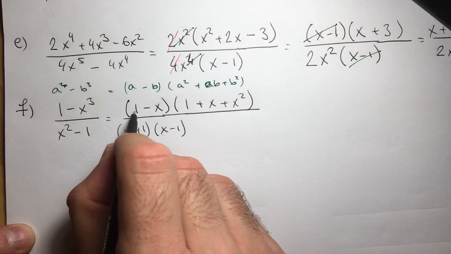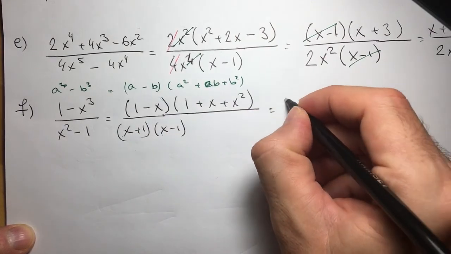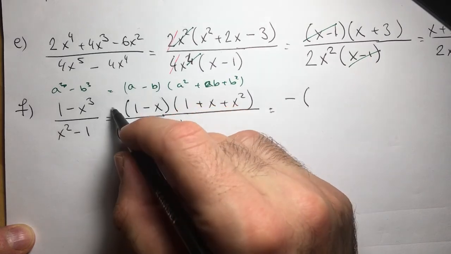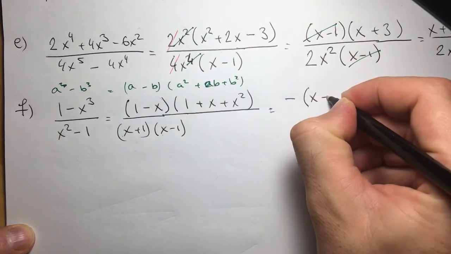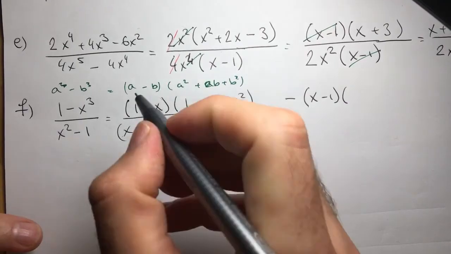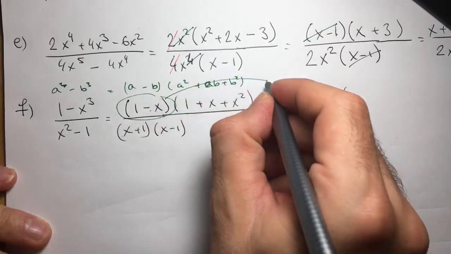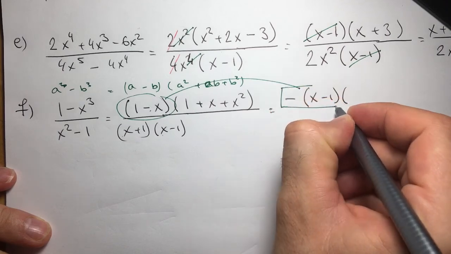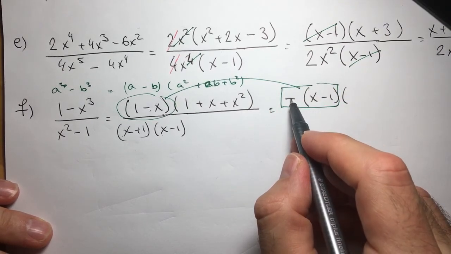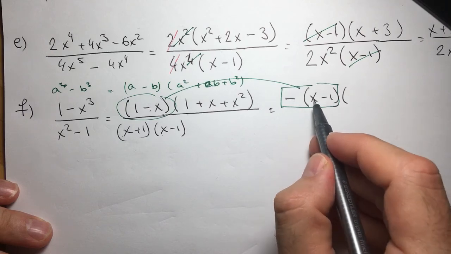So basically, if you factor negative 1 out of the numerator, or pull out the negative sign, you're left with x minus 1 from this factor here. So this factor is identical to this whole thing. If you distribute this negative in here, you'll get negative x.